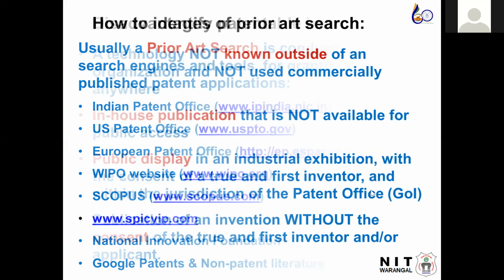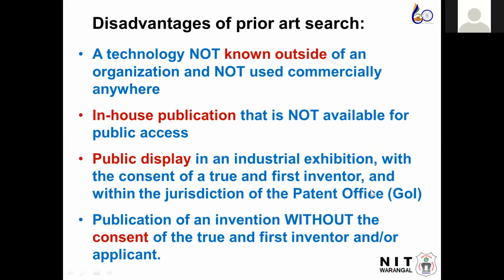Now, the disadvantages. You should not search online a number of times. That is one thing. And in-house publication also. Suppose you got an idea, and you have written it and published it in your own institute newsletter or somewhere.